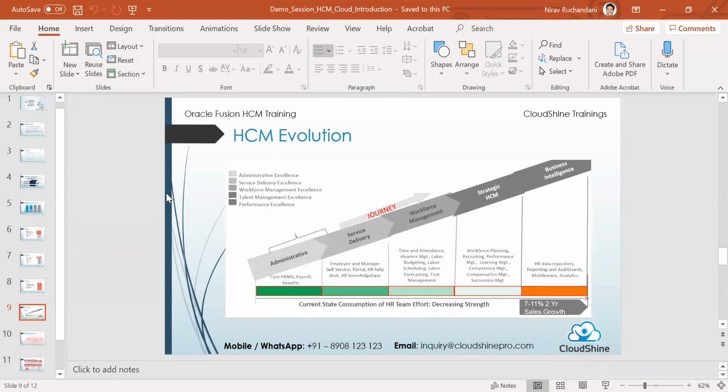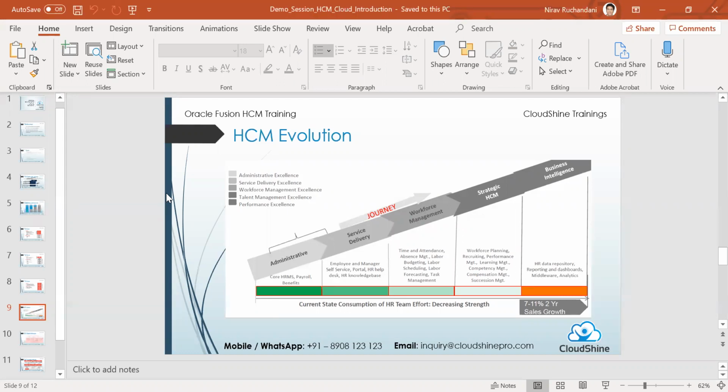companies started using HCM products, their main focus was to have employee data maintained somewhere in the system. That employee data was mainly related to employment information: what department the employee belongs to, what is his educational background, what is his previous experience, and what is required for payroll processing, to pay the employee.